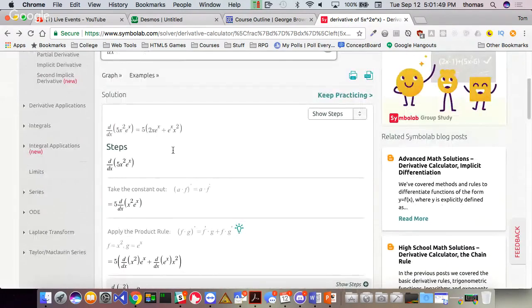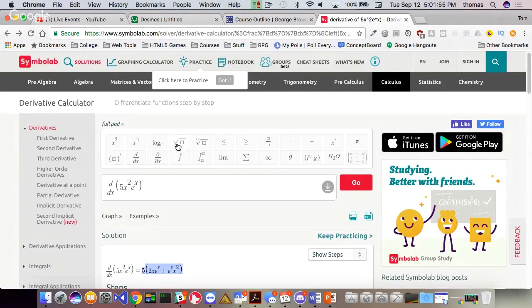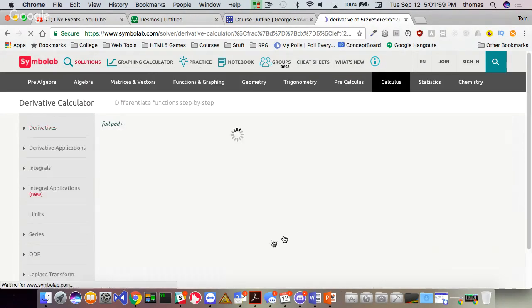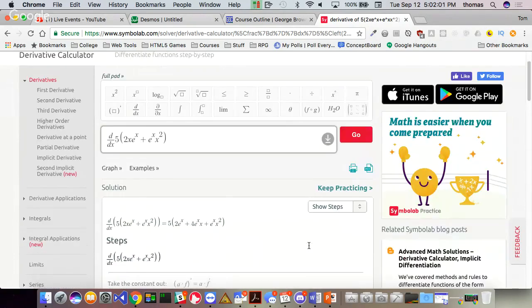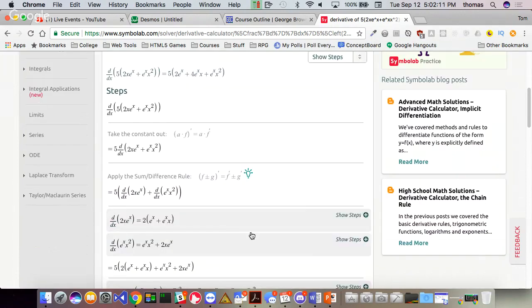So if I want to take the next derivative, I take this one, and does it allow me to copy? Maybe. And if I plug it in up here and press go, that's the second derivative. And there it is. Now it expanded. That's what you wanted to do. You wanted to expand it and simplify. You don't have to go there, okay? But it actually shows you all the steps throughout this whole thing if you really want to.